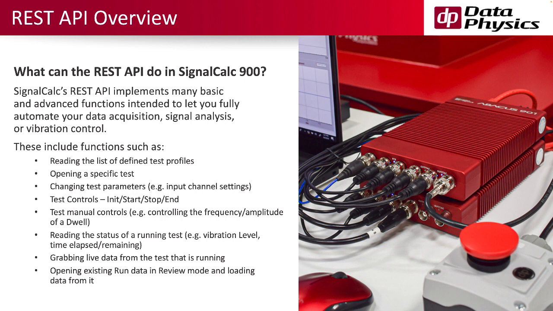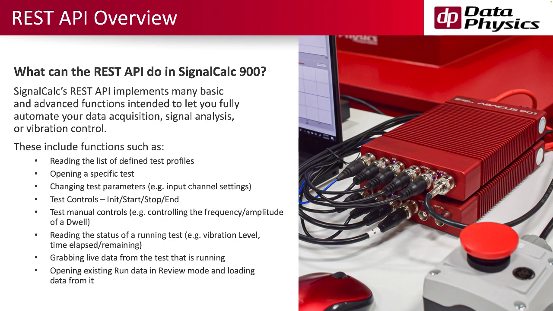You can change parameters. For example, you can set the input channel sensitivity of one or any specific channel. You could change some of the test parameters, like your sample rate or sampling or block size.